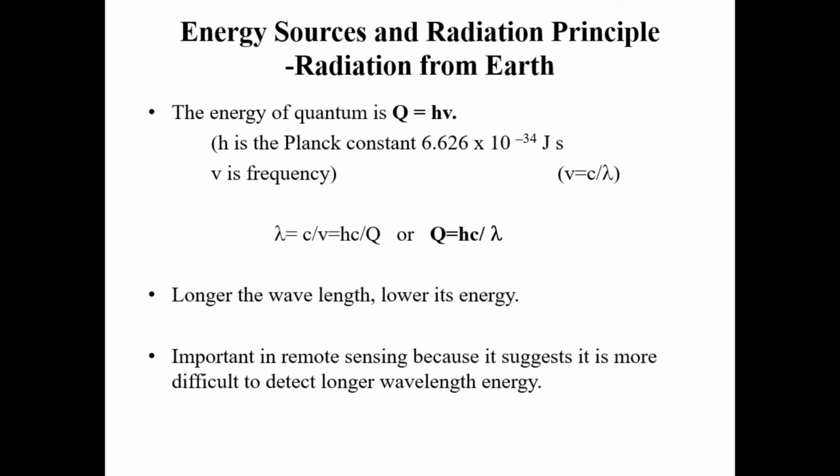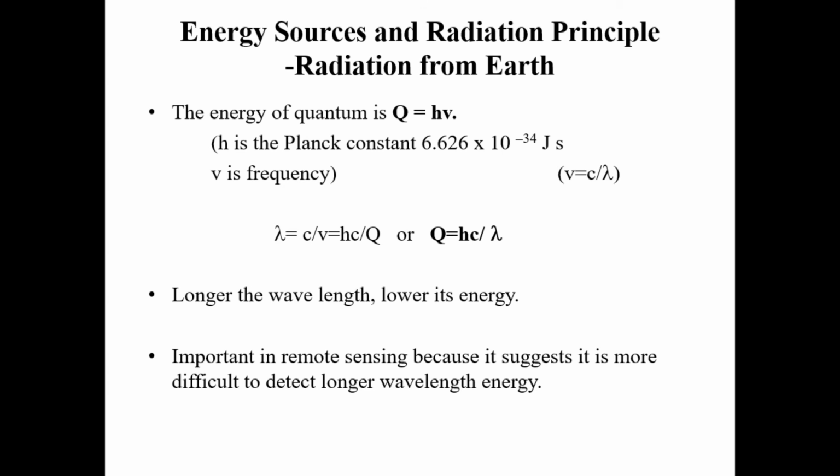Using the relationship between c, lambda and nu, the above equation can be written as Q is equal to h c by lambda. The energy per unit quantum is thus inversely proportional to the wavelength. Shorter wavelengths are associated with higher energy compared to longer wavelengths.